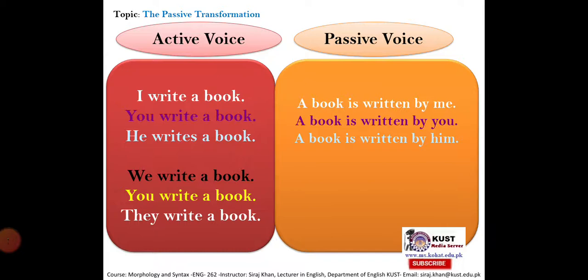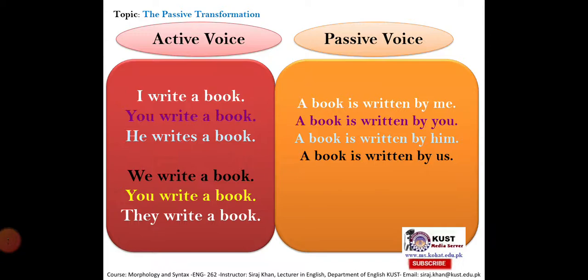He is the subjective case of third person singular, and him is the objective case of he. We write a book. A book is written by us. We becomes us. Here we is a subjective form, and us is the objective case of first person plural.